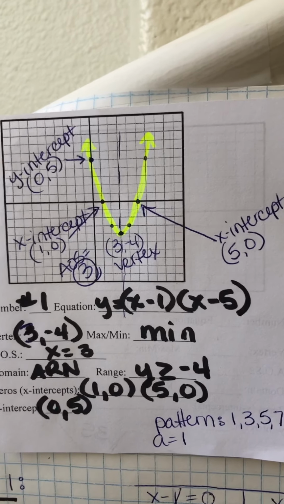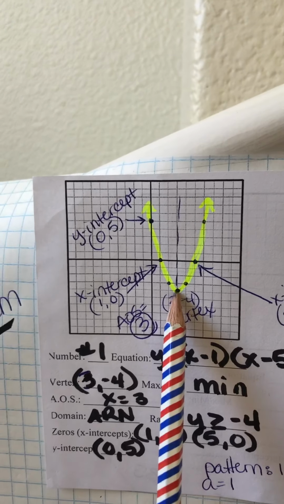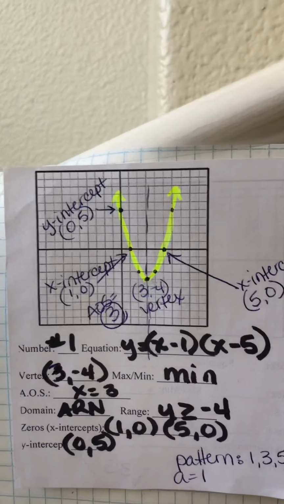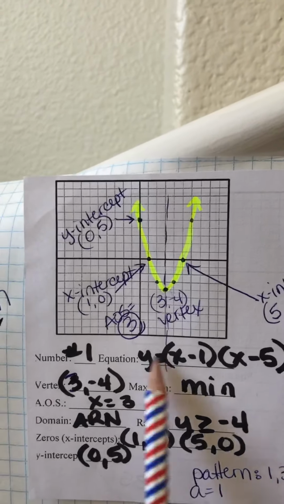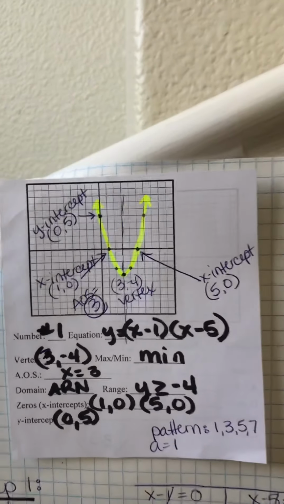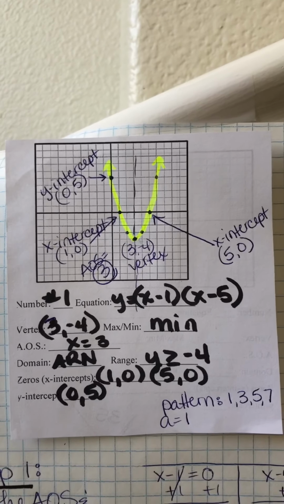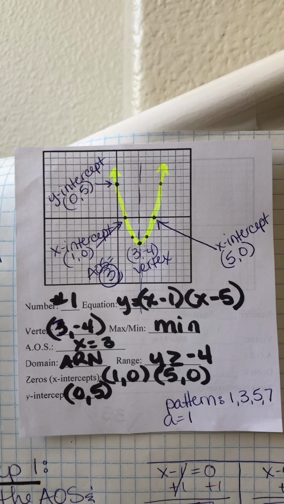Your range will be y is greater than or equal to negative 4, because we have a minimum vertex here, we cannot go below that. That's where our point starts, and so we went up. Why do we go up? Once again, because we do not have a negative sign right in front of the equation here. Our x-intercepts are (1, 0) and (5, 0), and our y-intercept is (0, 5).